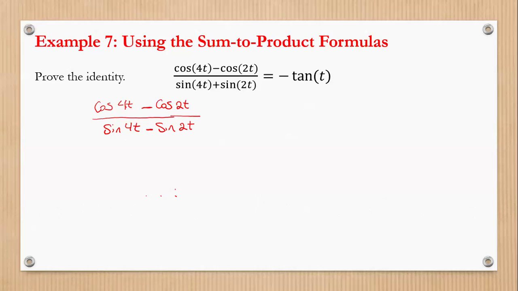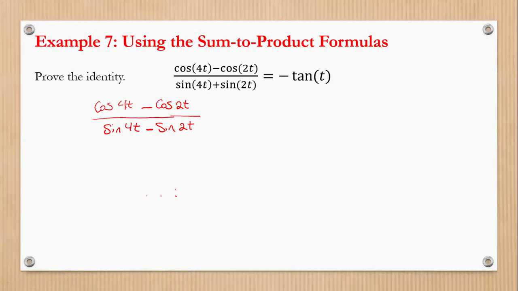Because of the subtraction, I cannot look at the cosine of 4t separately. I always have to look at cosine of 4t minus cosine of 2t. I have cosines in the numerator and sines in the denominator, and I cannot add or subtract them because they are not like terms. I cannot simplify, I cannot cancel out.